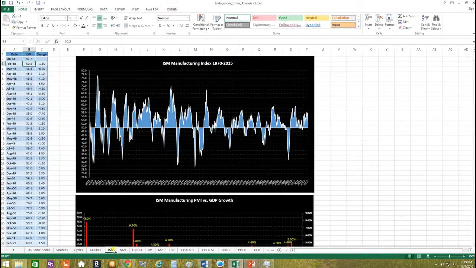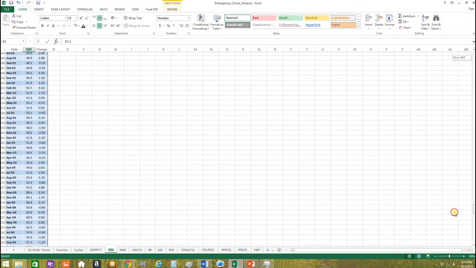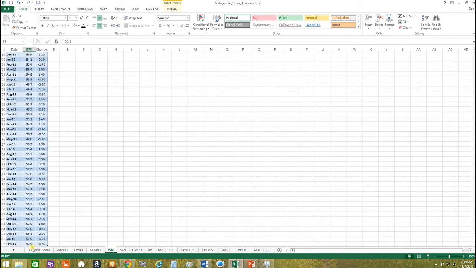If we go over to the ISM, and scroll right down to the bottom, we can see that the latest data, Feb 2015, which is reported in March, has a score of 52.9, and it's growing because it's above 50, but it's slower.